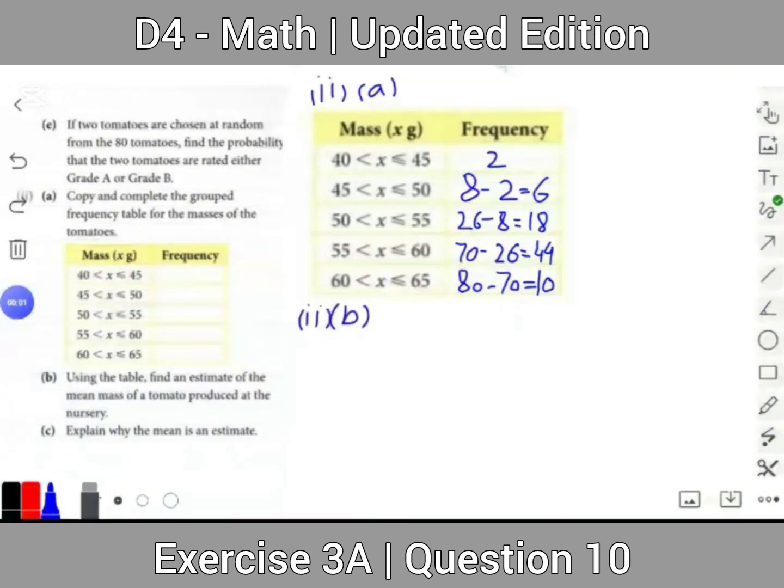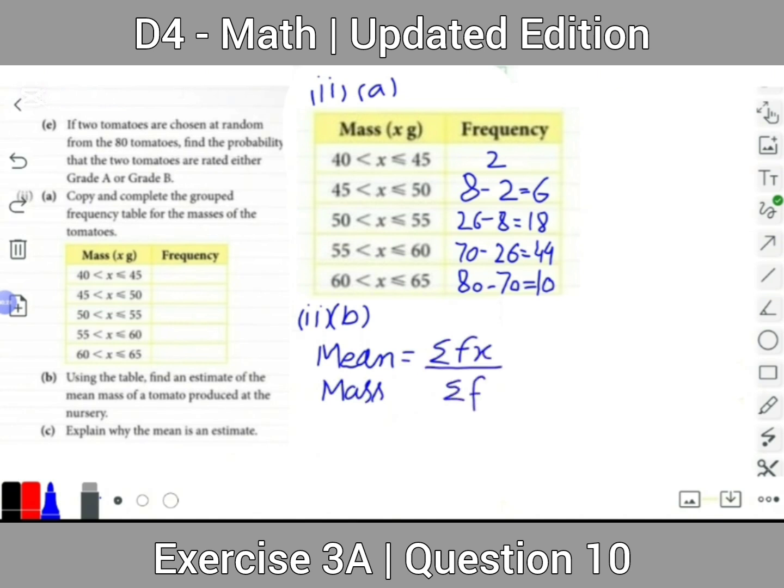Now in part 2b, using the table, find an estimate of the mean mass of the tomatoes produced at the nursery. To find the estimated mean mass, we will use the formula equal to summation fx divided by summation f. The sum of the frequencies is equal to 80.